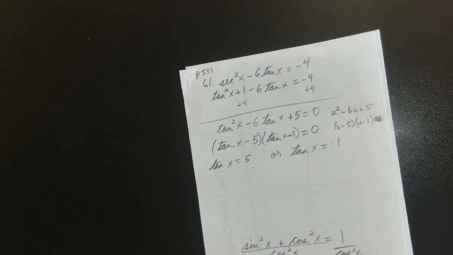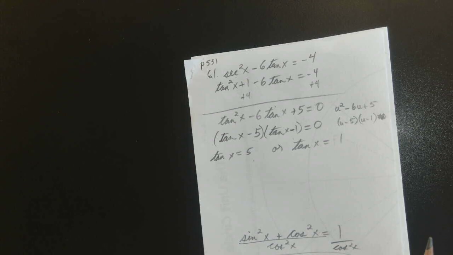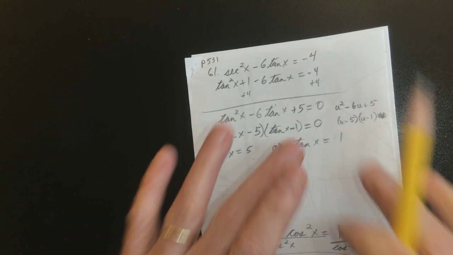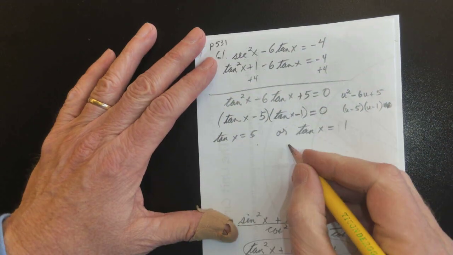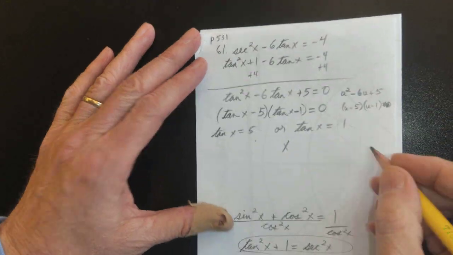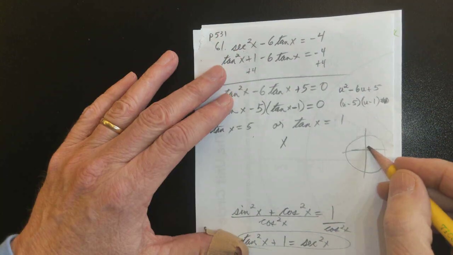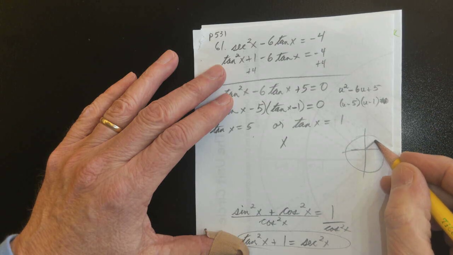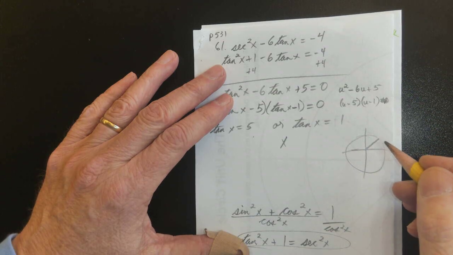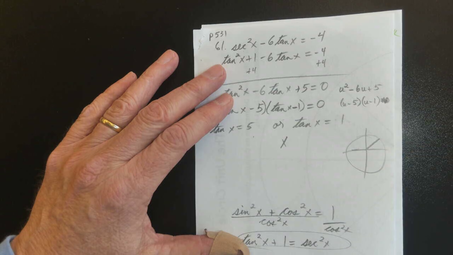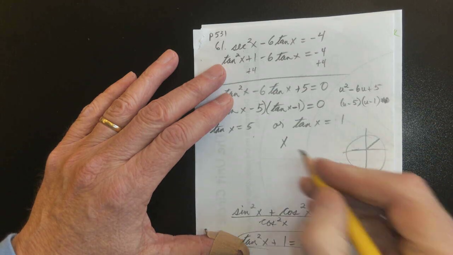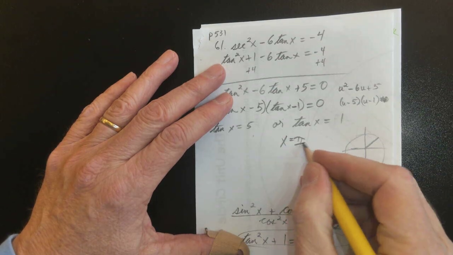All right. Now, okay, this one I know I can get. If you think of your unit circle, tangent is 1 where sine over cosine, where sine and cosine are the same. And so that's at pi over 4.